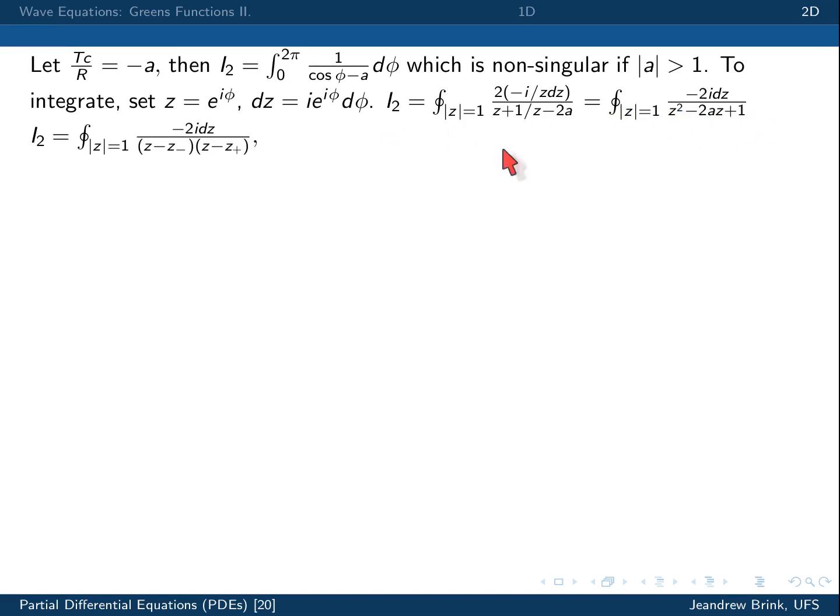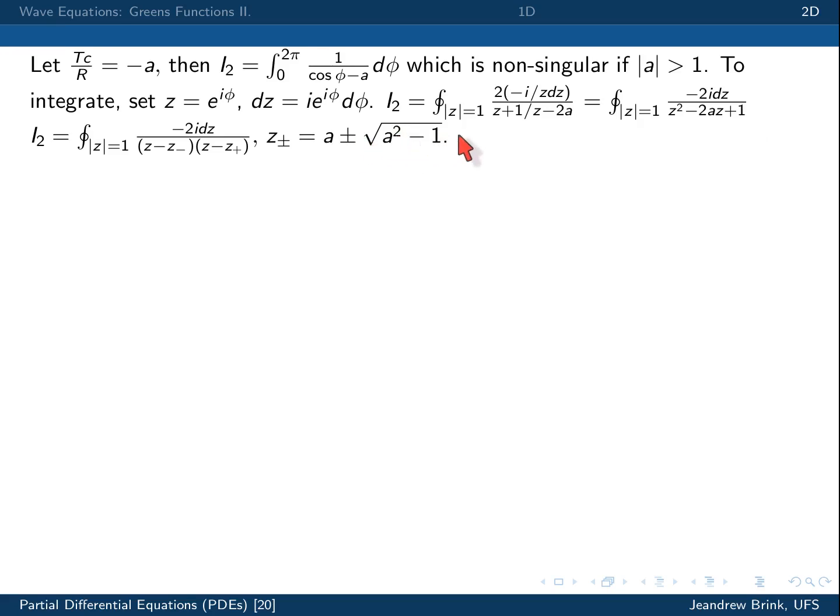We can write this integral as the numerator over the product. And in order to make it easy to read off what the actual values of the residues are, you have to write it as simple poles. We can solve for these poles explicitly by simply putting this back and solving this quadratic equation. We get that z plus-minus is equal to a plus-minus the square root of a squared minus 1.